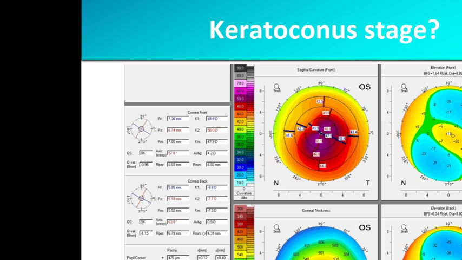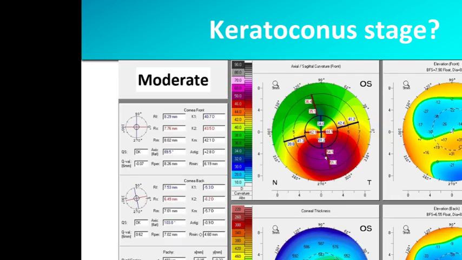Maybe if we do the refraction for him, we can find that he has maybe -5, -6 sphere, and astigmatism is here, 34, 51. So the gradient of difference is about 19, or less, 17, almost 17 diopters gradient of difference, as you see.